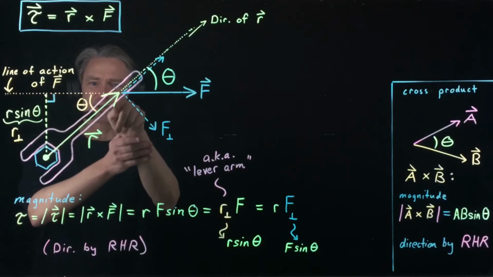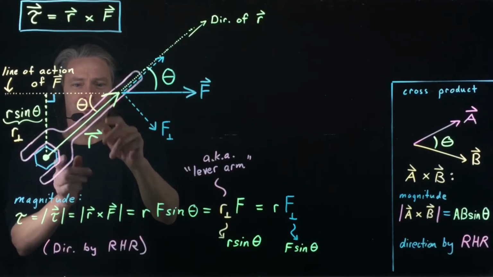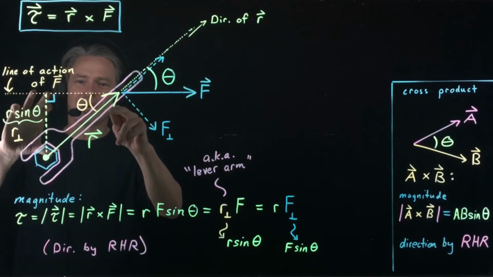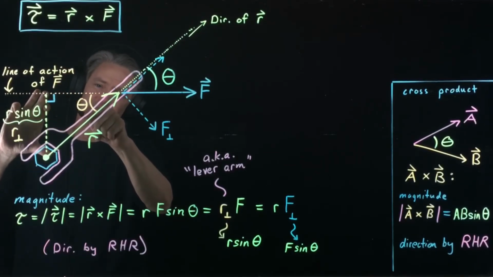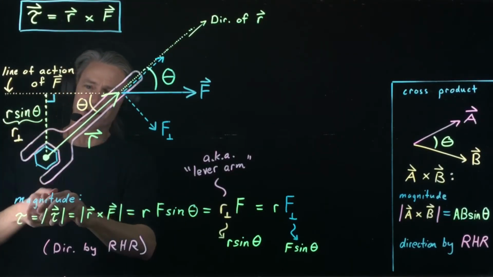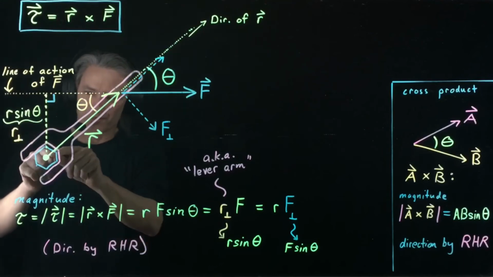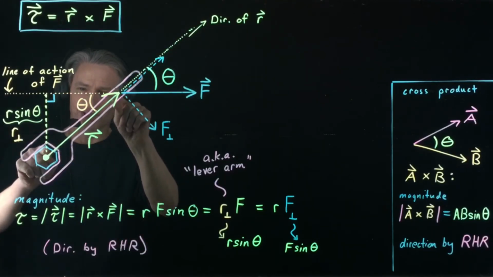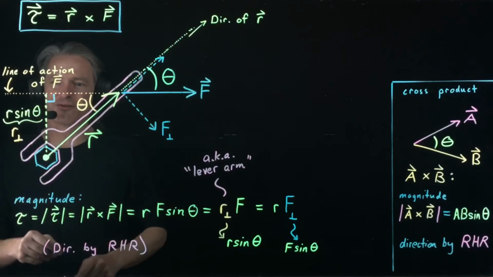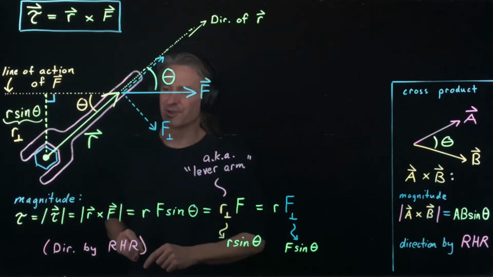And so my right triangle has a hypotenuse equal to the magnitude of this r vector. This side is opposite this angle theta, so it's the opposite side, and it corresponds to sine of theta. The length of this side should be hypotenuse times the sine of theta, or magnitude of r sine theta. So that's equal to this r perpendicular.